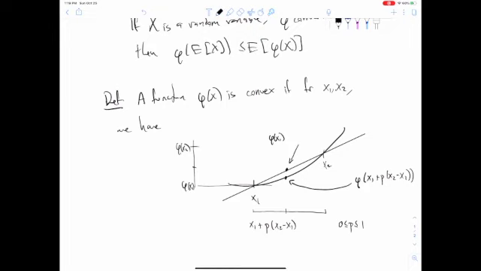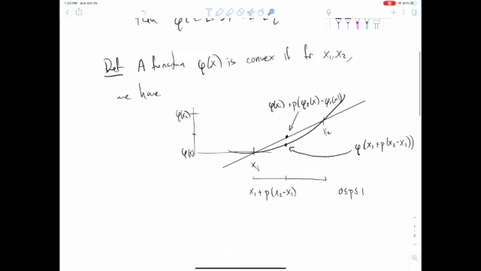So it's a fraction p of this distance between them. So it's phi of x1 plus p times phi of x2 minus phi of x1. Okay, so you're convex if this value is always bigger than this value.